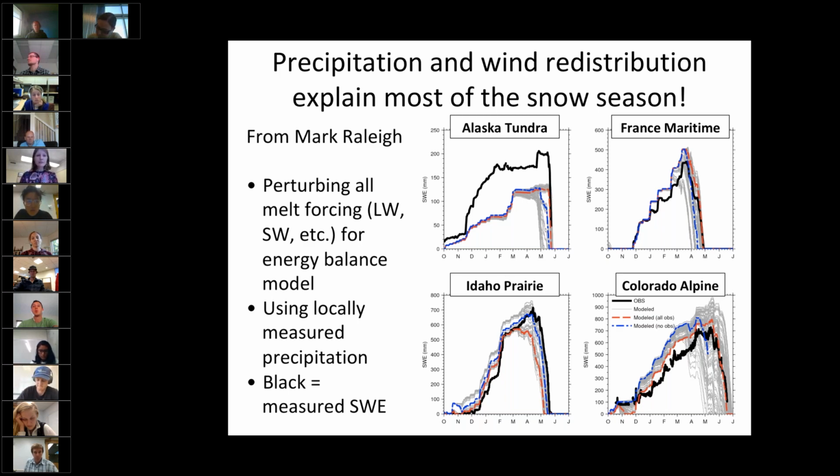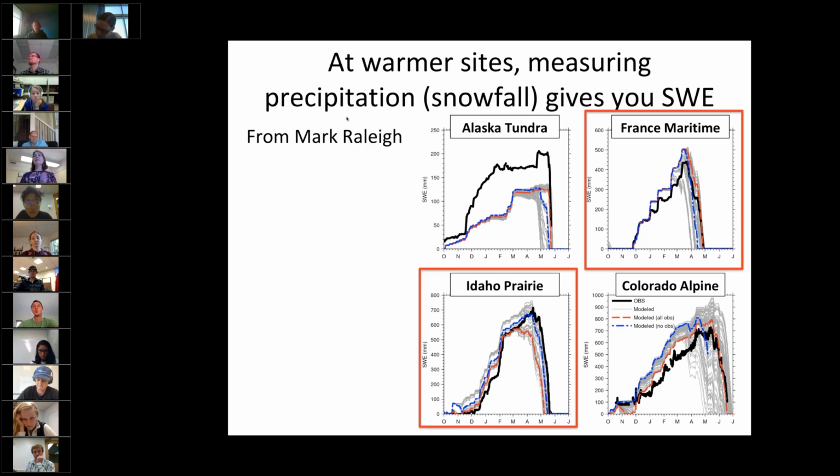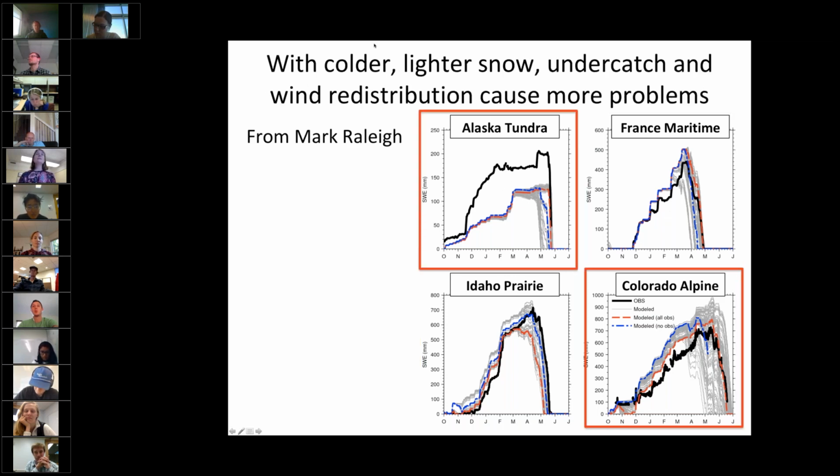So what do we see here? The first thing is that at the warmer sites, if you measure precipitation, you get snowfall right, and you actually observe it, you come pretty close to accumulating the right amount of snow. At the colder sites with lighter snow that blows around, you can see that the undercatch and redistribution are actually problematic, right?